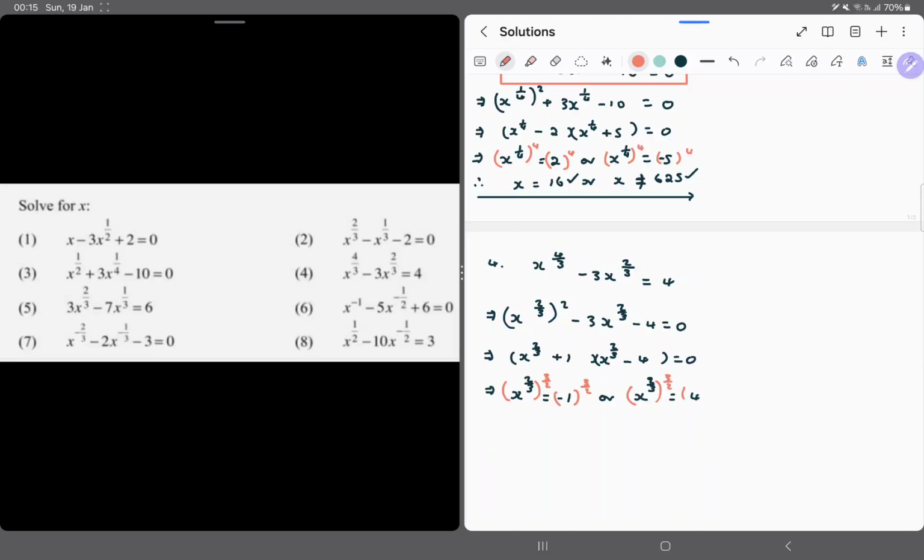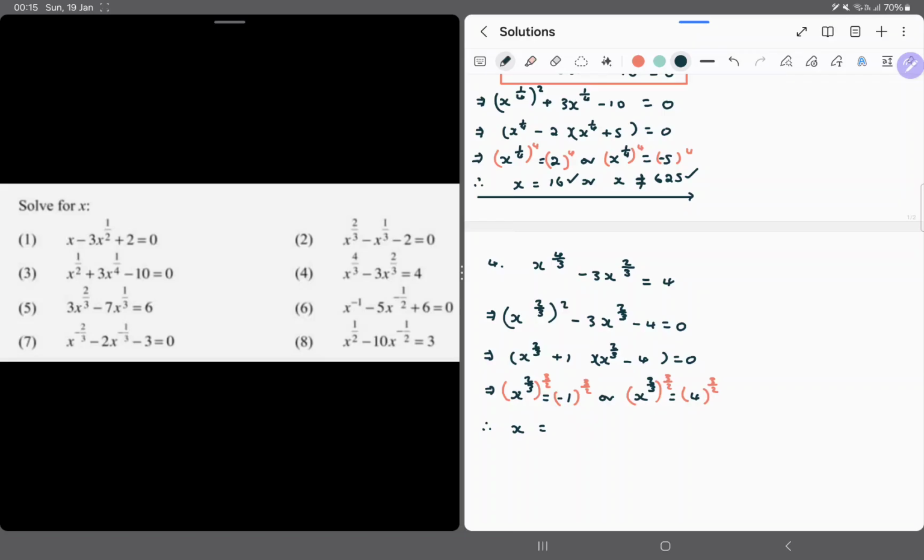So we need to know maths, guys. Maths is very nice and it's very fun. So you need to know how to do your things. So what is this, guys? This is as good as the cube root of essentially the square root of minus 1. So this one is not going to exist.